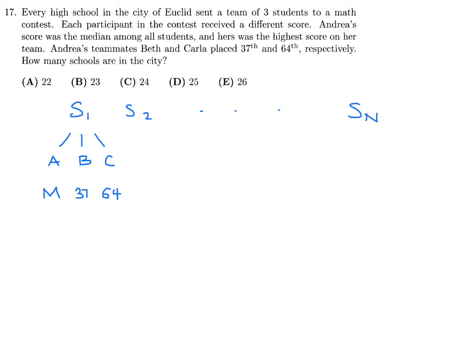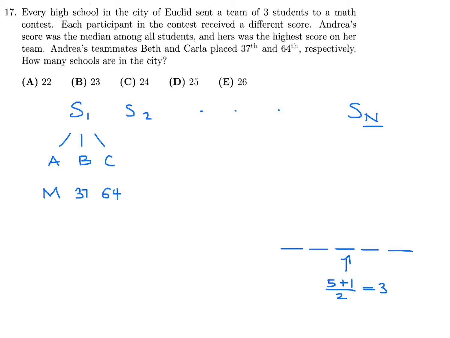Now, Andrea is the median score, right? So how do you figure out the median? If you have, say, 5 numbers in a row, the median is the middle number. So the median is 5 plus 1 divided by 2, which is the third number.